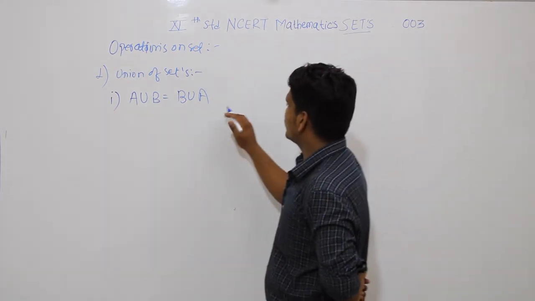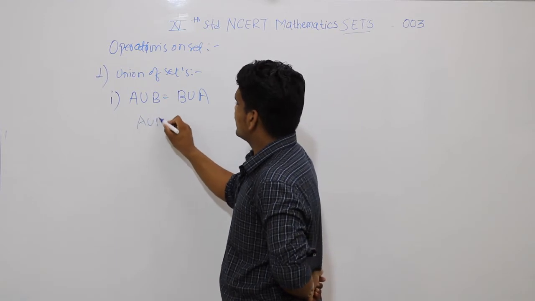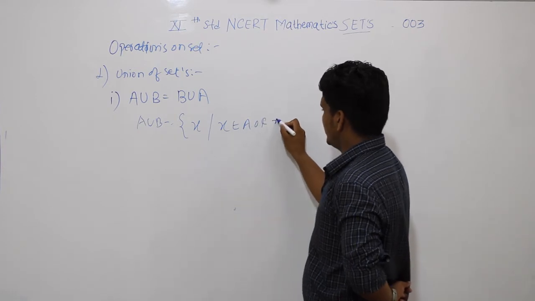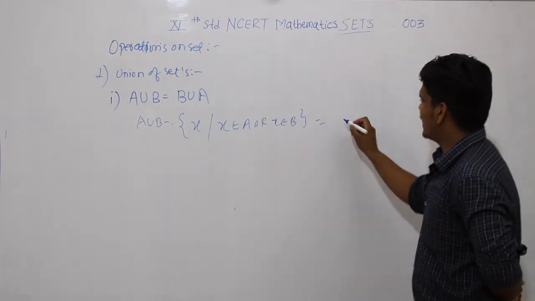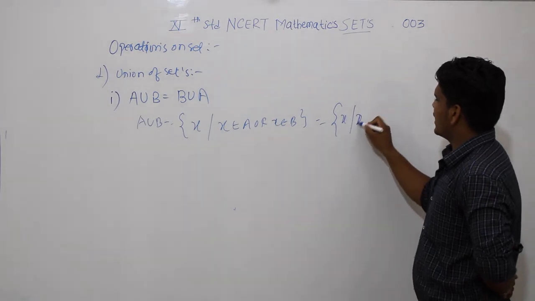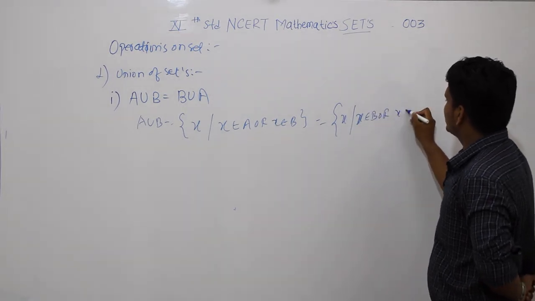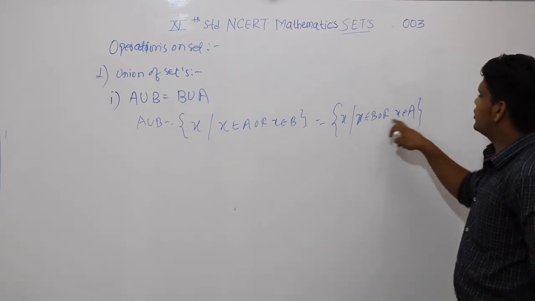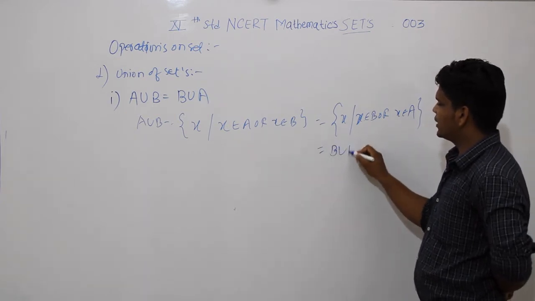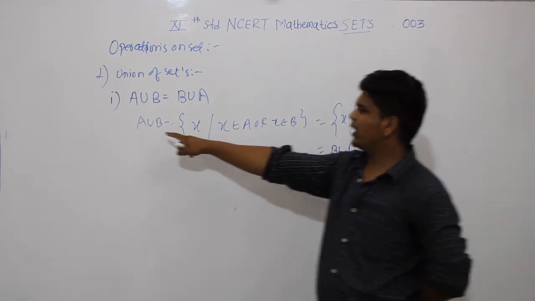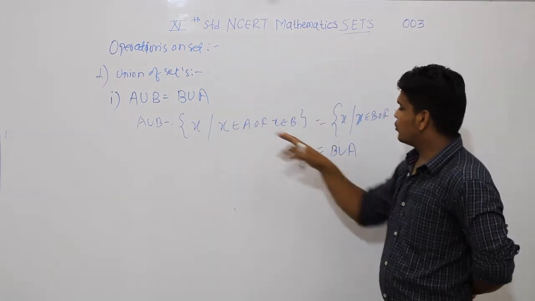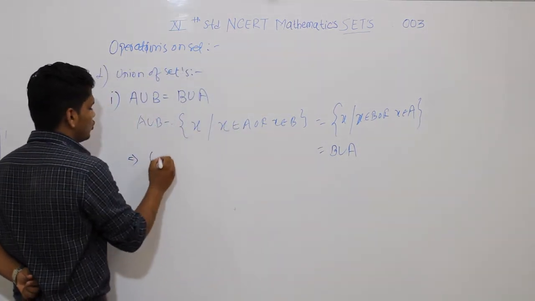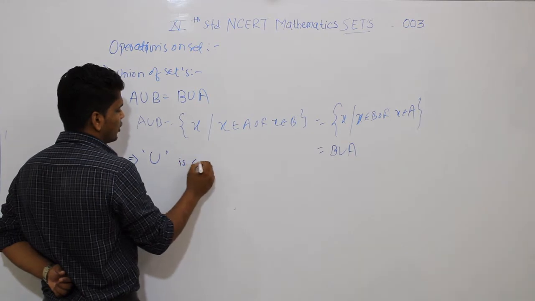For example, suppose I consider A union B. A union B is the set of X such that X belongs to A or X belongs to B. This can be written as X such that X belongs to B or X belongs to A. By definition, this is B union A. So for all A and B subsets of U, A union B is equal to B union A. This implies that union of sets is commutative.